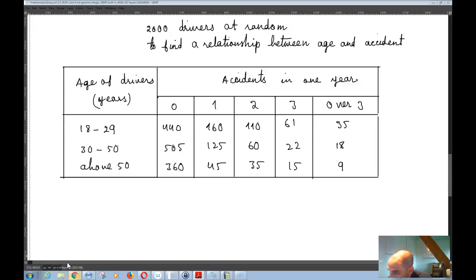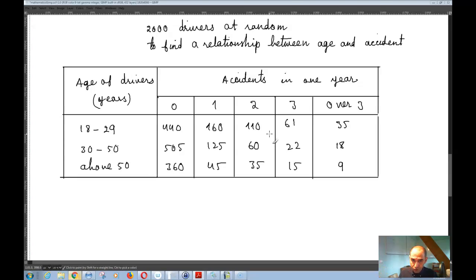Okay, so now the questions that we need to answer here are: find the probabilities of the following events for a driver chosen at random from the city. Since the driver has been chosen at random and the data has been put in this table for the same driver, I don't need to worry about that part of the question.